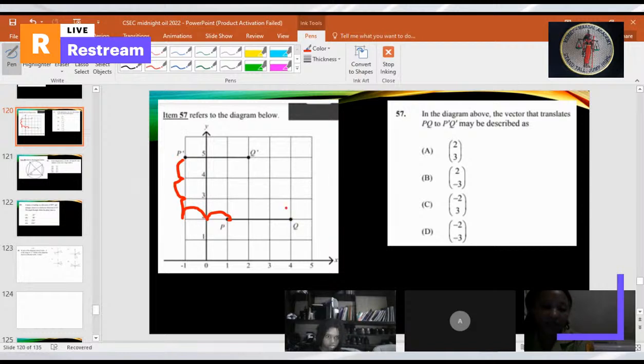And same for Q to Q prime, 2 places back, 3 places up. So which one here would tell us that? C, negative 2, 3.